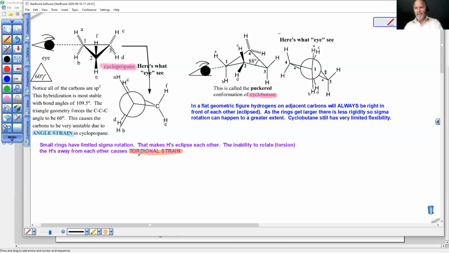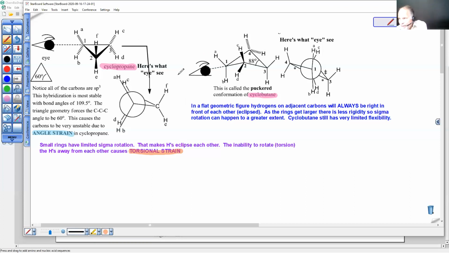Cyclobutane does not really improve the situation. When you get to a bigger ring, one thing happens that's favorable. The rings get more flexible and the sigma rotation becomes more possible. But we're still limited with cyclobutane to only a slight amount of rotation. So I'm trying to show it here. It's hard in 3D. My apologies for this gaudy looking eyeball.